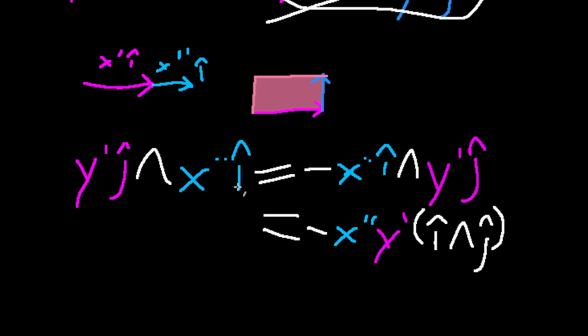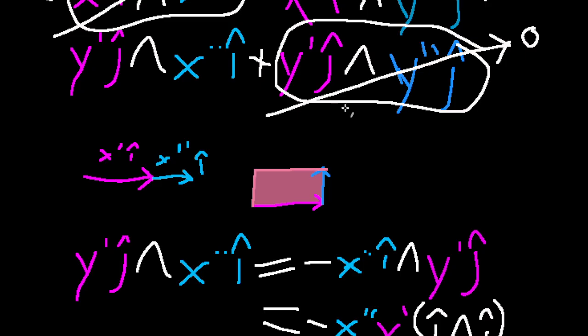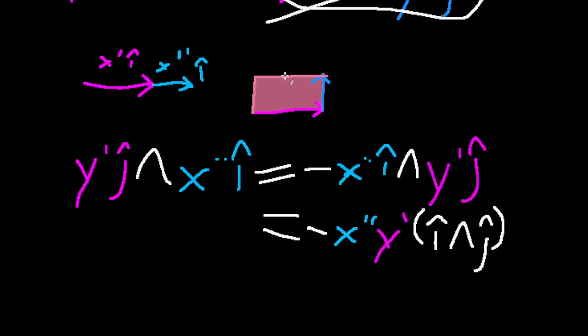Okay, so now if we look up here again, we were working with this x prime i hat wedge y double prime j hat thing again. So let's go ahead and write that down as well. Rather, let's go ahead and factor the scalars out of the vectors.